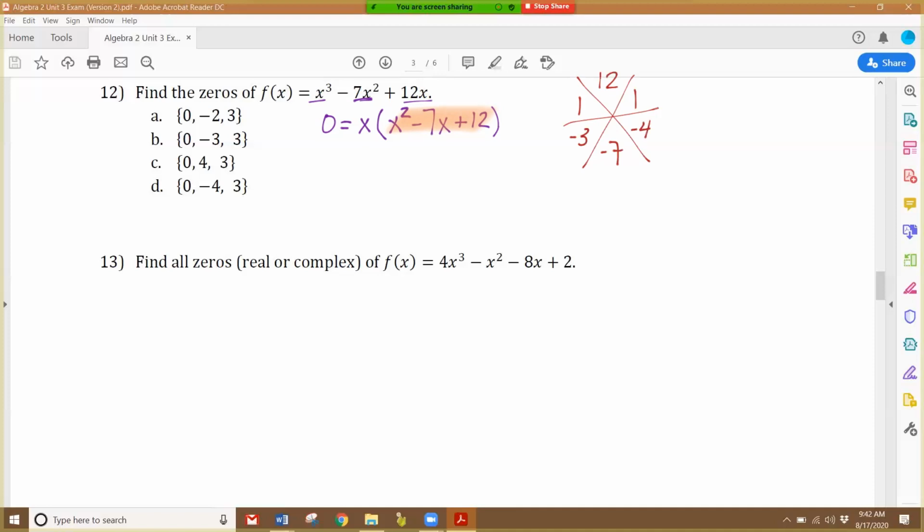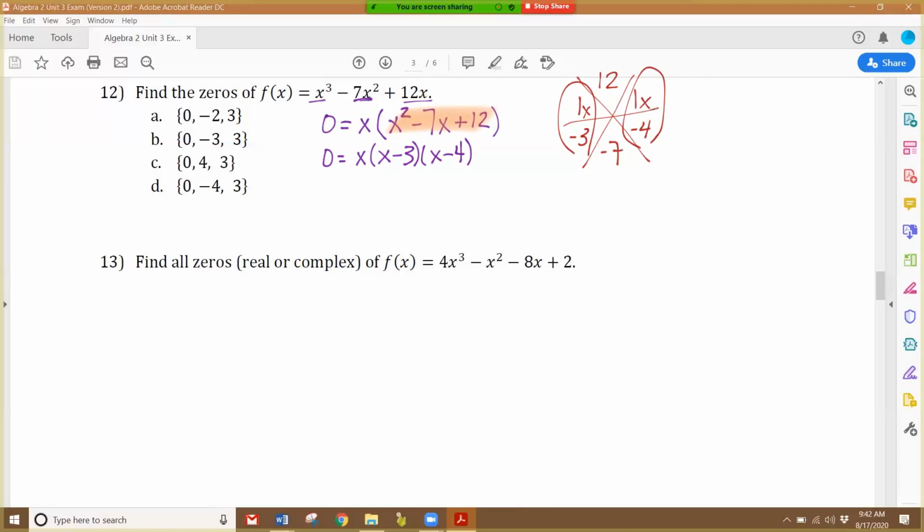Only option is negative 3 and negative 4. So neither one of these fractions reduce, so I'm going to have 1x minus 3 and 1x minus 4. Don't forget to bring the x down out front, and then we're going to have x, x minus 3, x minus 4.